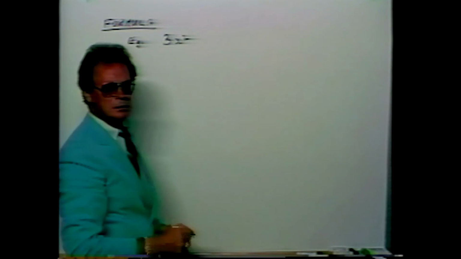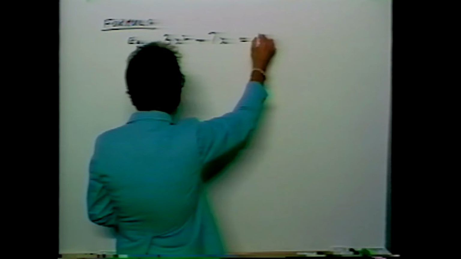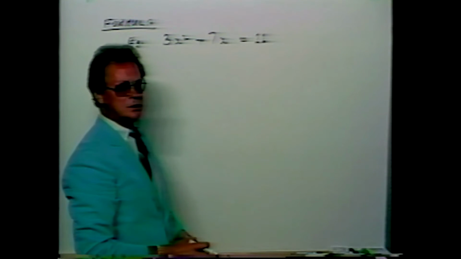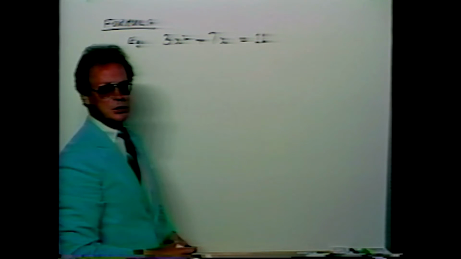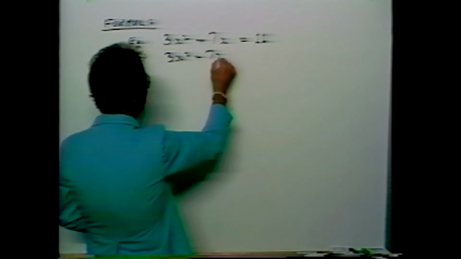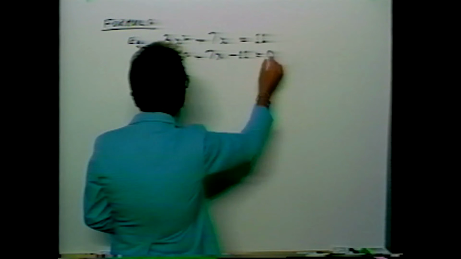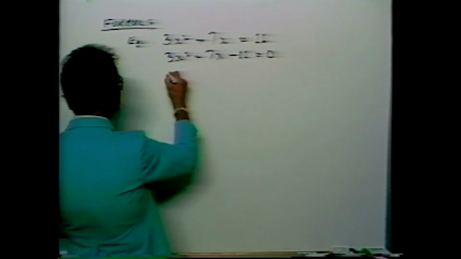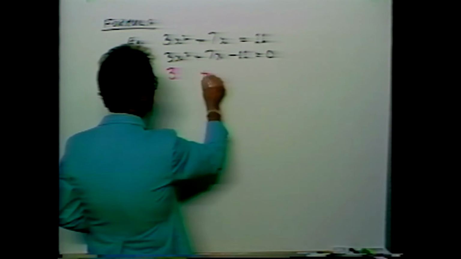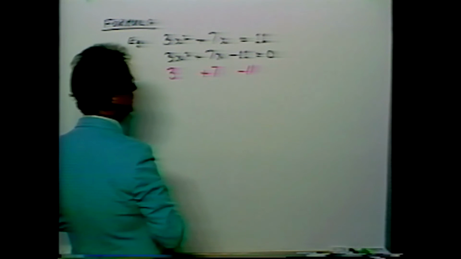3x squared plus 7x equals 11. The first step is to write this as a quadratic equation, which would be 3x squared plus 7x minus 11 equals 0. Now let's rewrite this in the following way using some color. 3 plus 7 minus 11 equals 0.